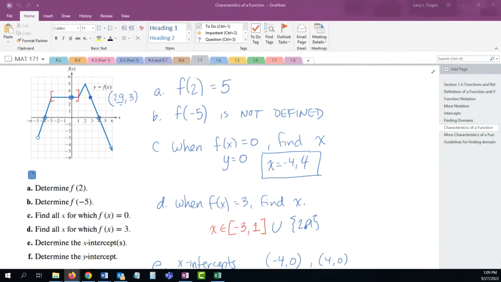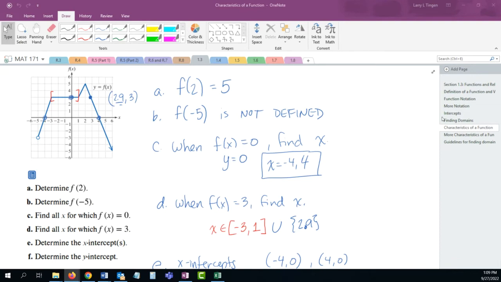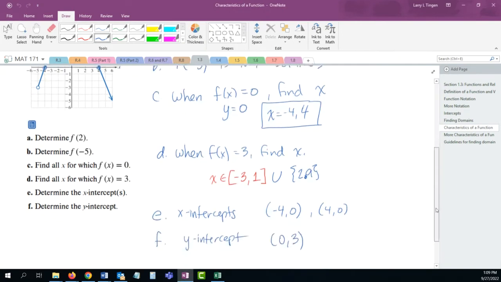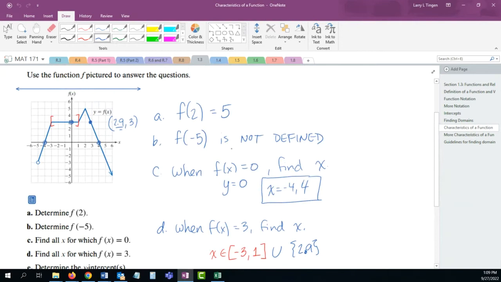And we'll pick up here at the end of 1.3. So the last page here was characteristics of the function, and then the next page is the same thing. I know I did this last bit very quickly, especially part C. I know we were right at the edge of class.